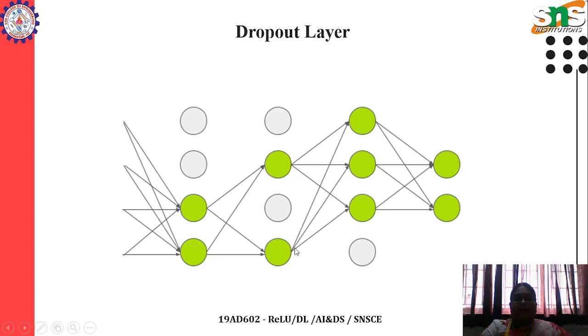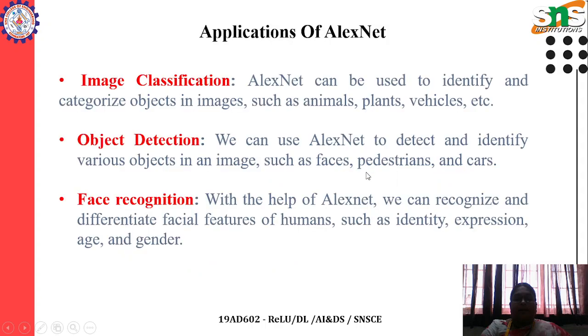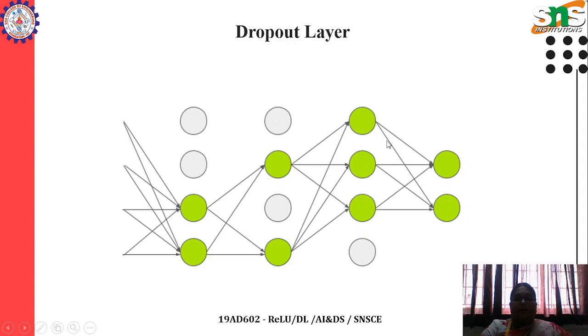This processing happens from these neurons to other neurons, and finally all three neurons transmit to the output. You can see the formation of a network between the neurons, and some neurons are not participating at all; they are idle. We can drop those neurons out.